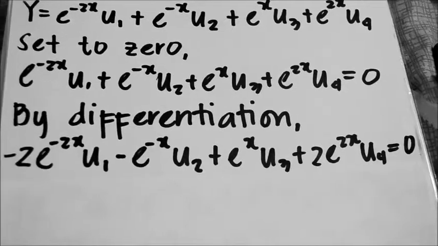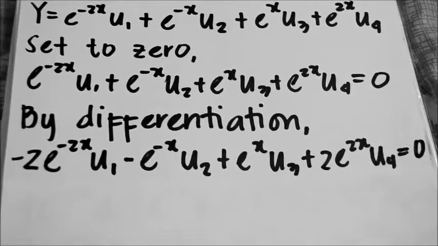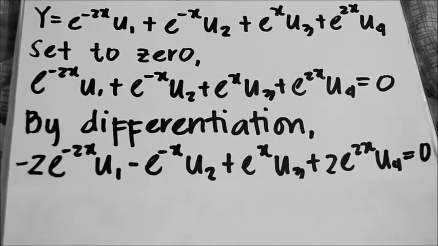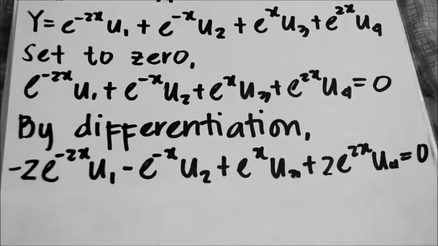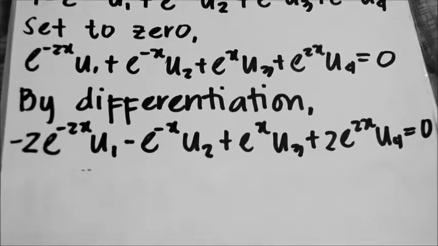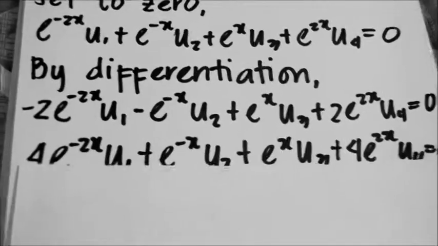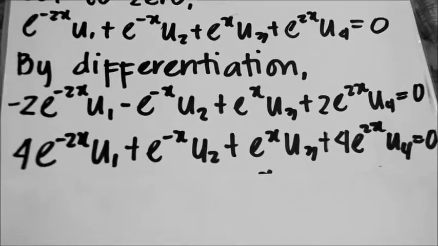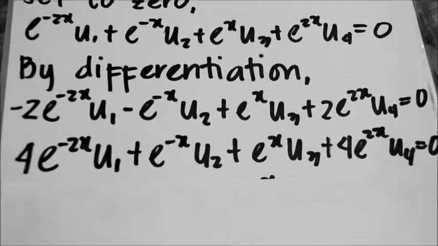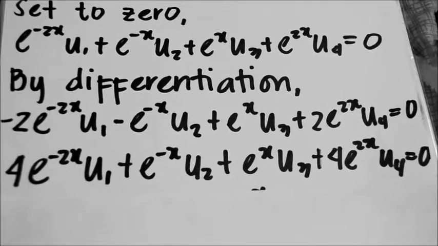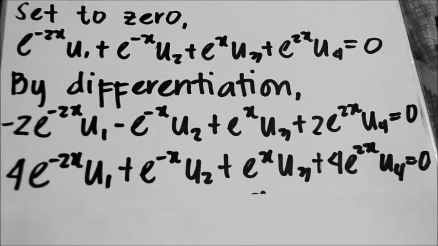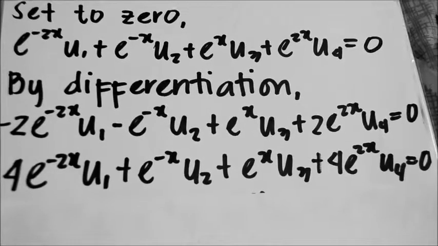Differentiate this thrice, so we will get first negative 2 e to the negative 2x u sub 1 minus e to the negative x u sub 2 plus e to the x u sub 3 plus 2 e to the 2x u sub 4 equals 0. Differentiate this again, we will get 4 e to the negative 2x u sub 1 plus e to the negative x u sub 2 plus e to the x u sub 3 plus 4 e to the 2x u sub 4 equals 0.